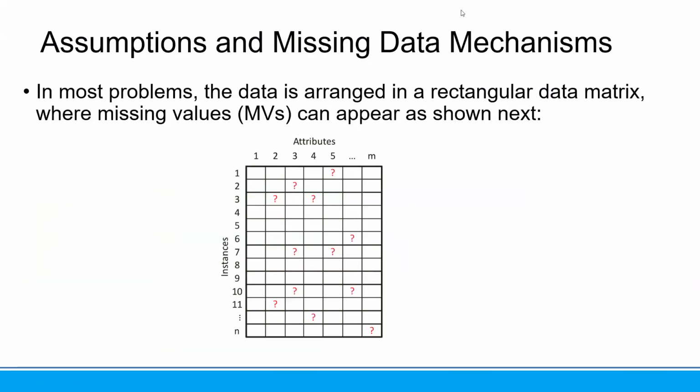But when you have multiple columns, attributes, we call them the columns, 1, 2, 3, 4, 5, 6 until M, and instances, we call these rows, and let's say the missing values are here, here, here, here, here, here, and here.